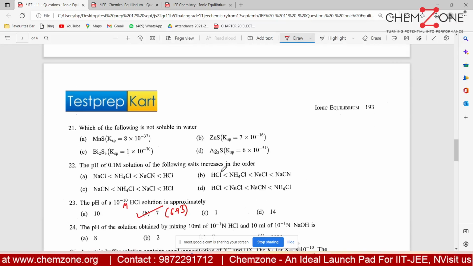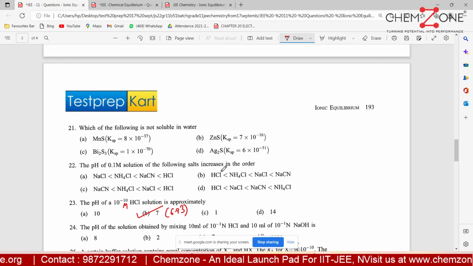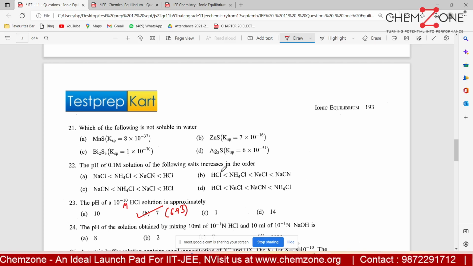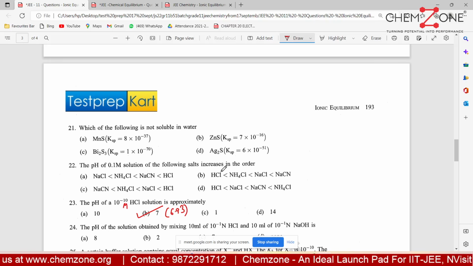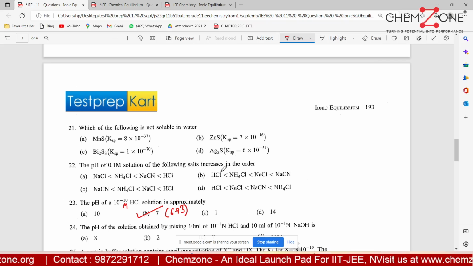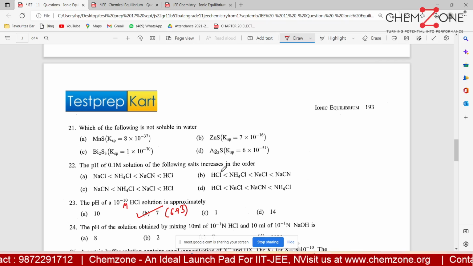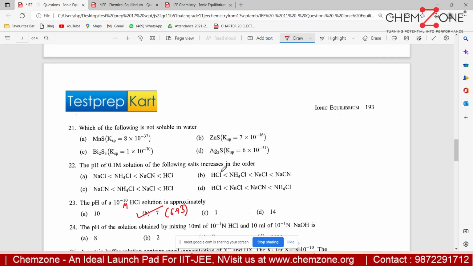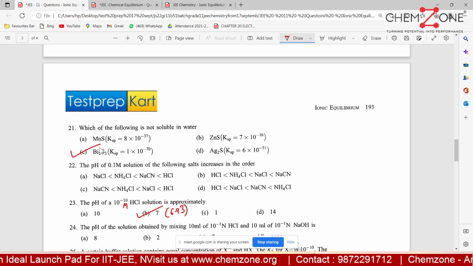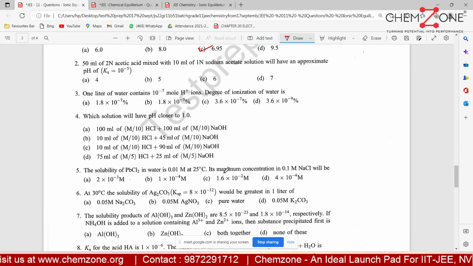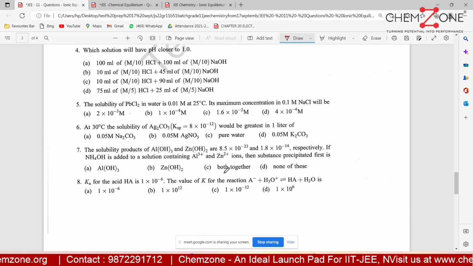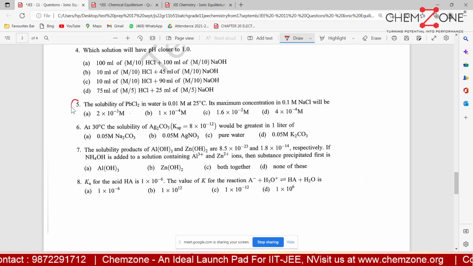Which compound is not soluble in water? That compound will not be soluble whose solubility product is very, very less. So tell me which has the least KSP value, that will not be soluble in water. Bi2S3. Yes. Now come to the 5th question.